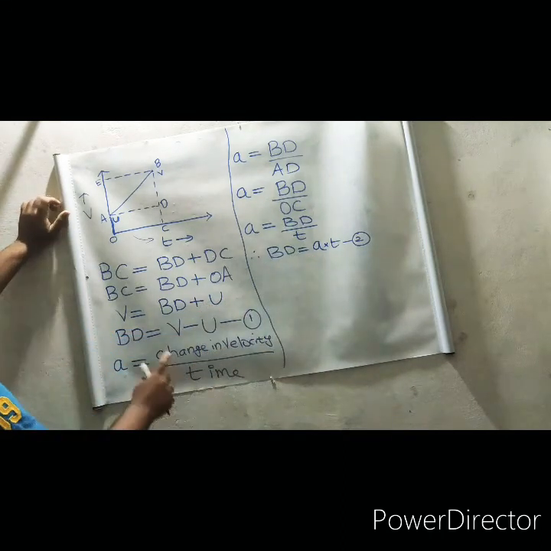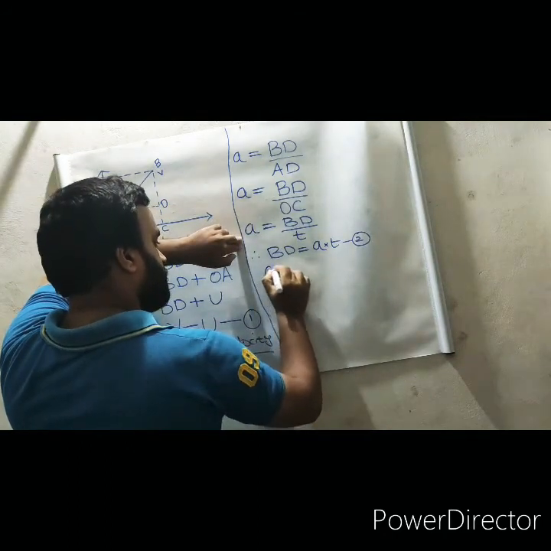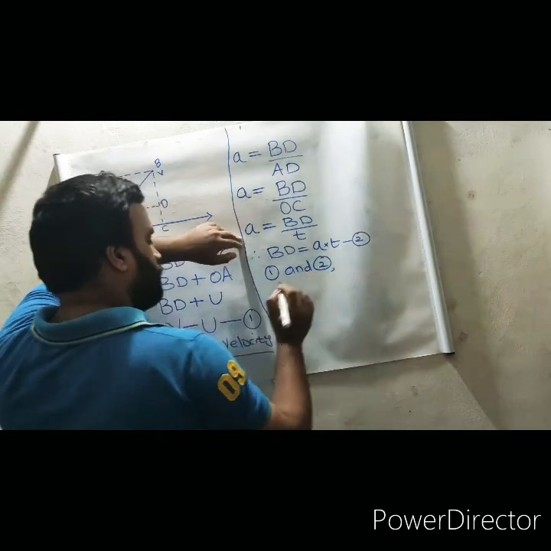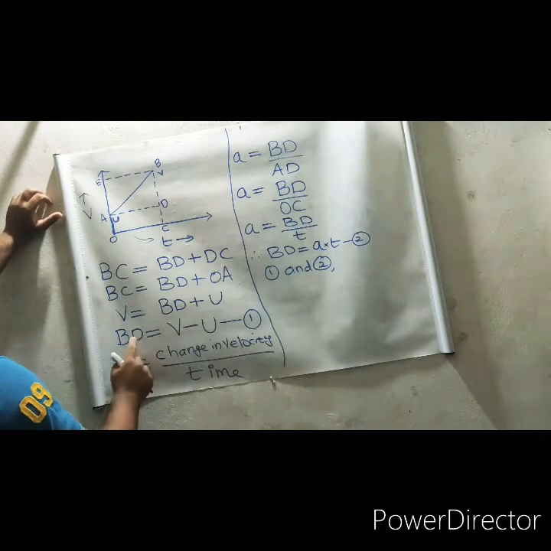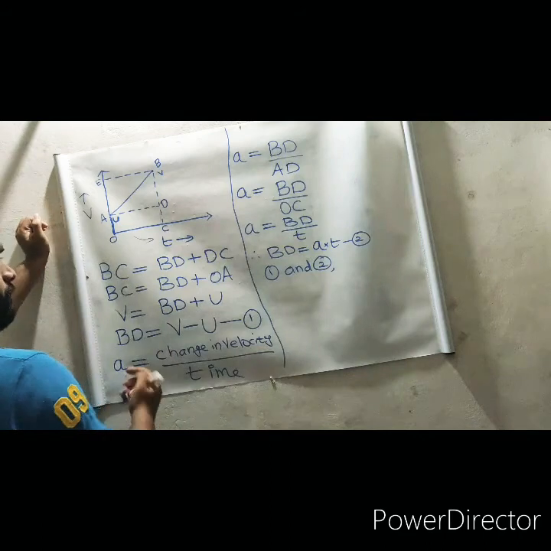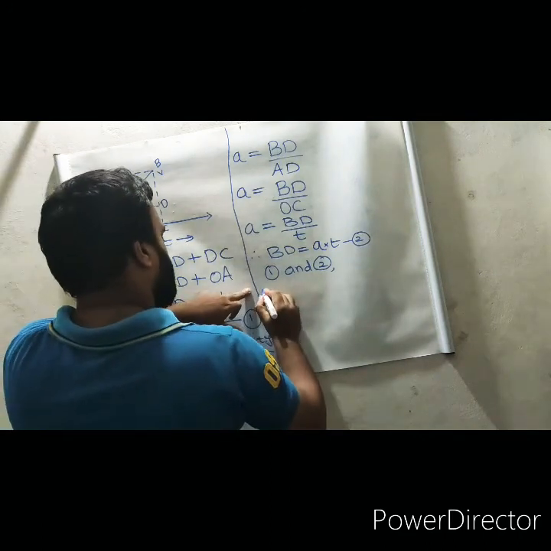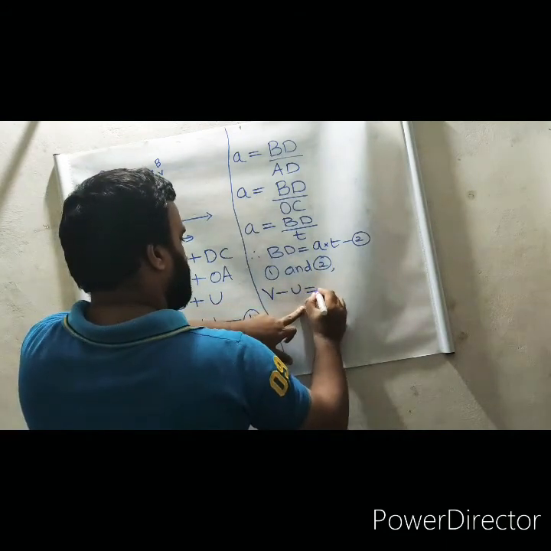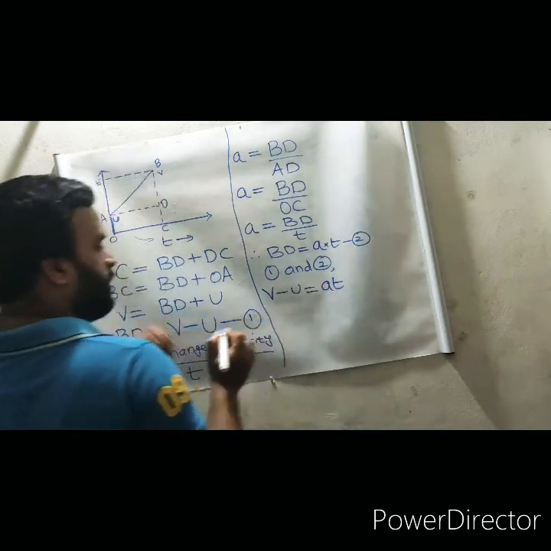Then comparing equation 1 and equation 2, the LHS are equal, BD and BD, so we can equate the RHS. v minus u is equal to at.